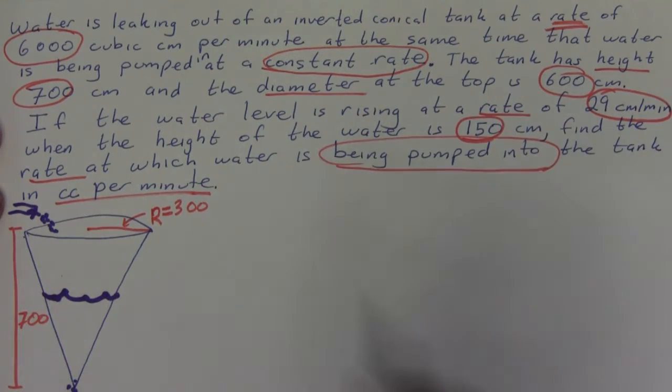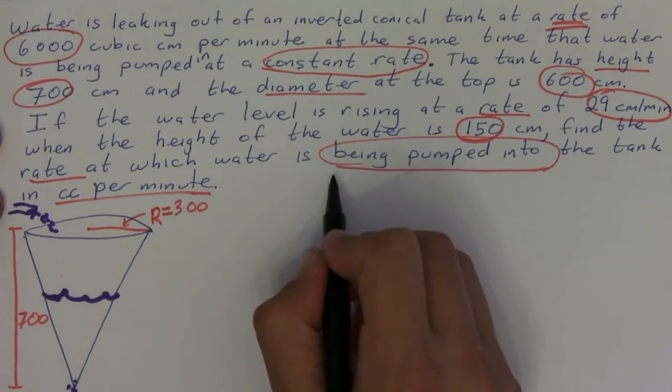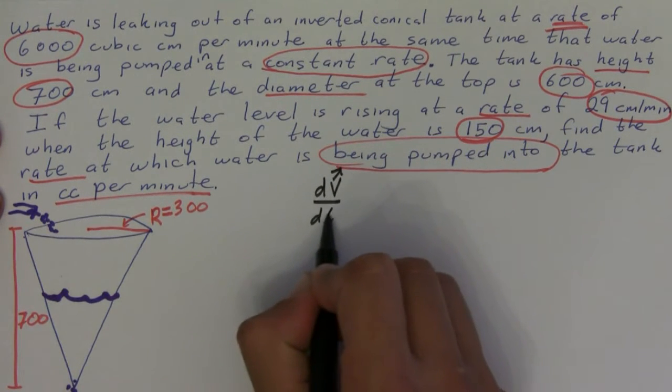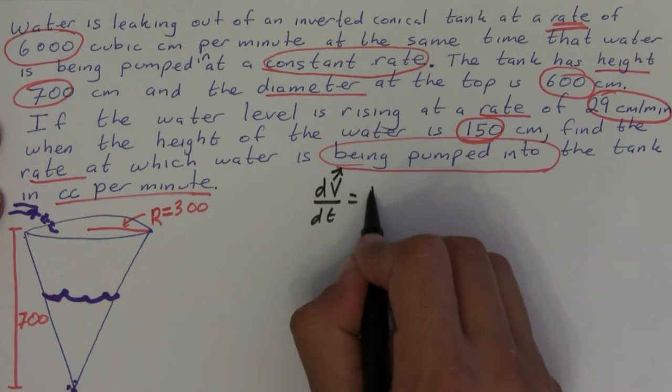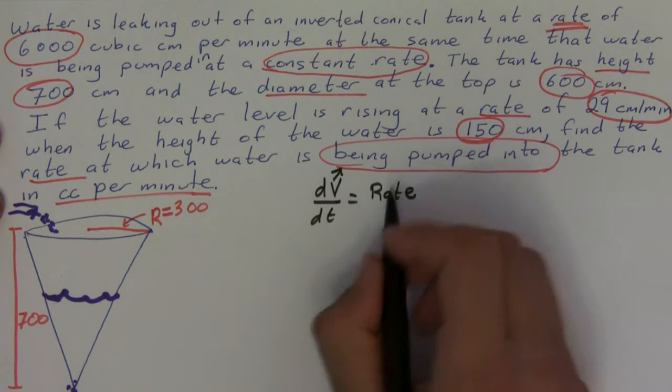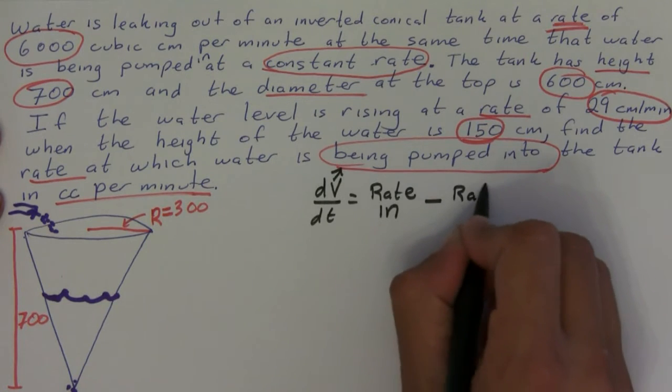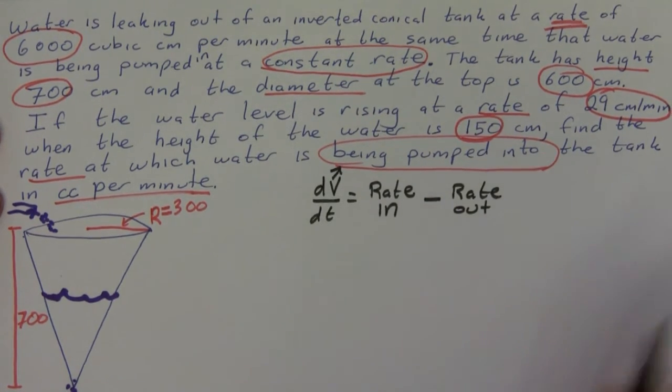So what this means is that the derivative of the volume with respect to time is equal to the rate in minus the rate out.